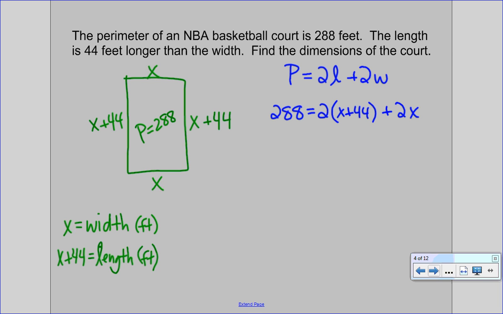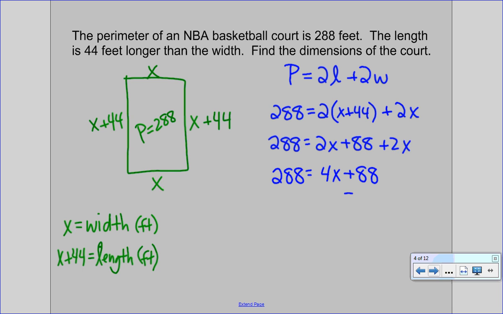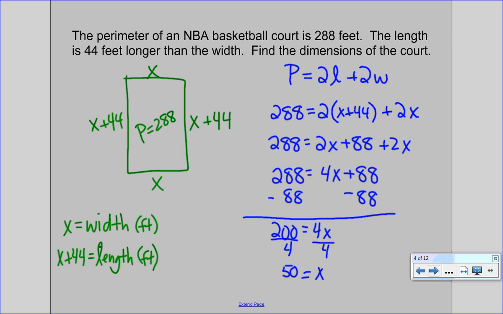Now that I've got an equation, I can solve my equation. Distribute my 2. Combine like terms. And finally, after I solve it, I find that x equals 50.